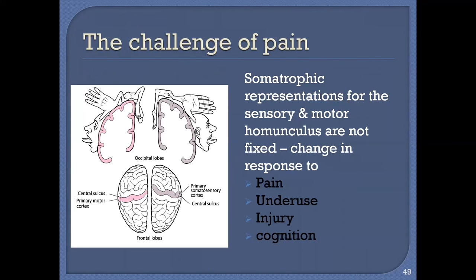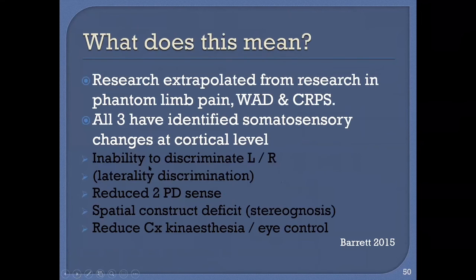pain or disuse of the limb or injury, or how you think about the limb, you can get changes in the representation on the homunculus, and this can give you these weird presentations. So actually, what does this mean? You might see things that give you change at somatosensory level.